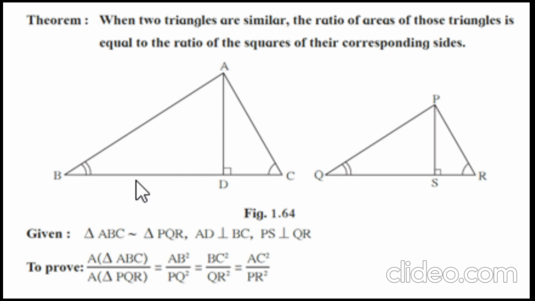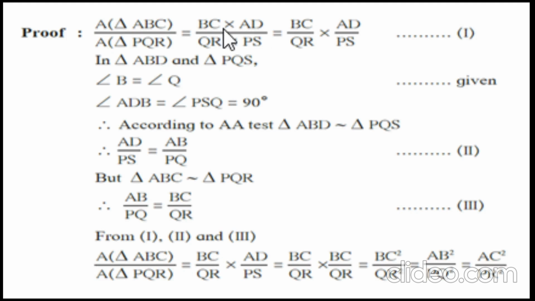So this is base into height upon base into height. In triangle ABC, BC is the base and AD is the height. In triangle PQR, QR is the base and PS is the height. So area of triangle ABC is equal to base BC into height AD, and area of triangle PQR is equal to base QR into height PS. Now we have separated BC upon QR and AD upon PS. This is point number 1.